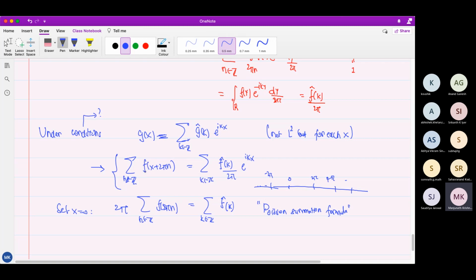So this is a very interesting one. And sometimes when you want to apply it, be careful about the normalization of the Fourier transforms, because one of the reasons why some people normalize differently is that in the Poisson summation formula, it can look a bit more symmetrical. You can write it as the sum of the values of f evaluated at integers equal to the sum of the values of the Fourier transform at integers.